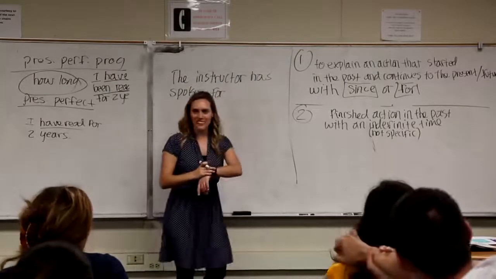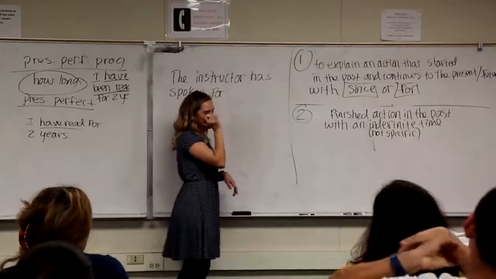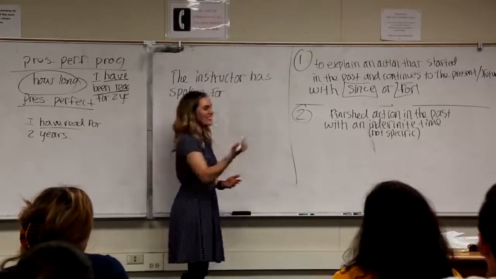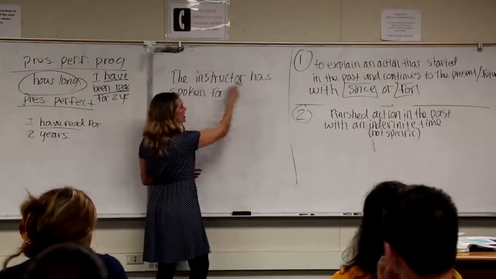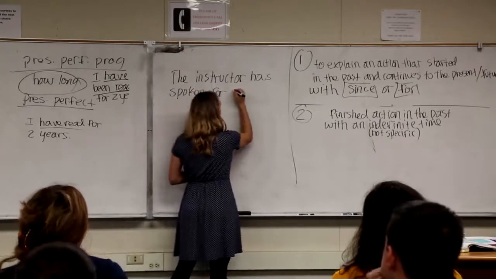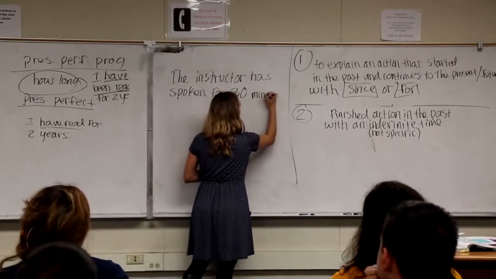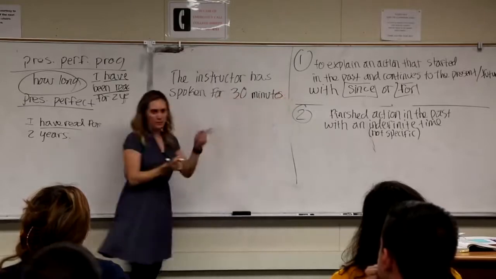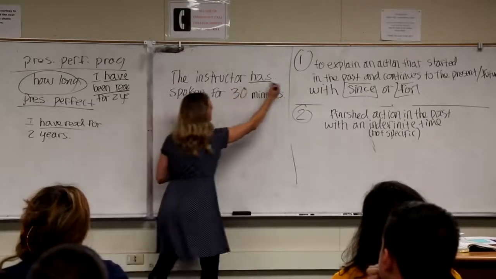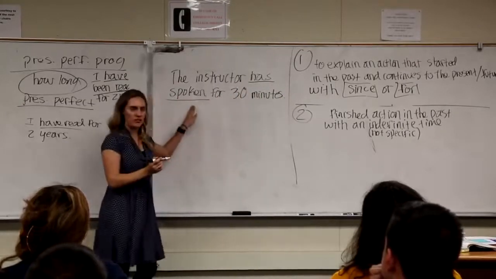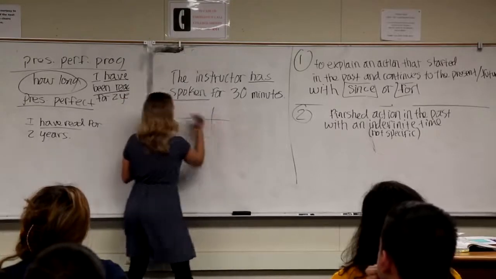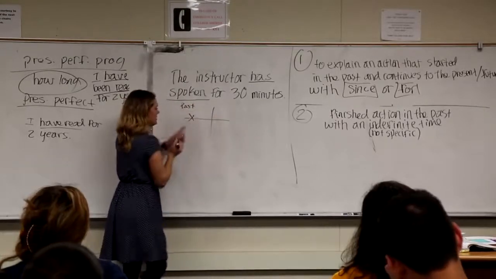How long have I been talking? Maybe 2 hours, feels like. No. The instructor has spoken for 30 minutes, right? What does this mean when I say has spoken, present perfect? Is that finished?